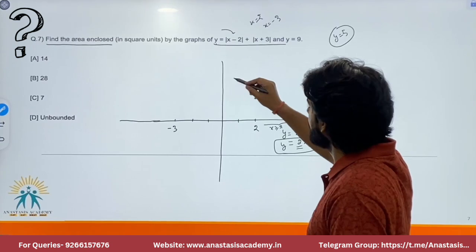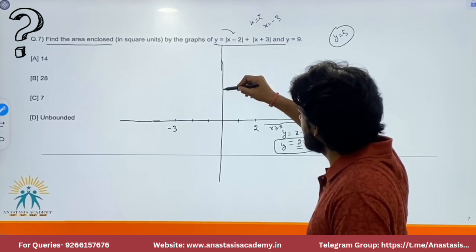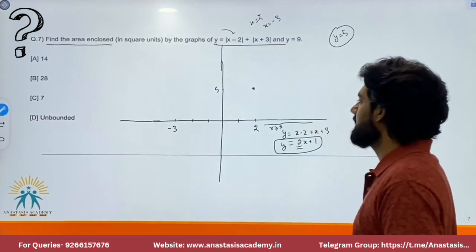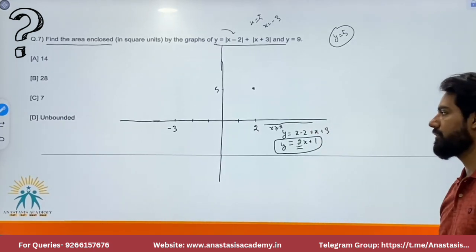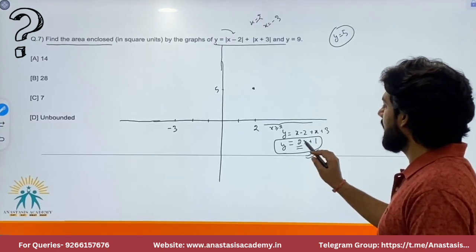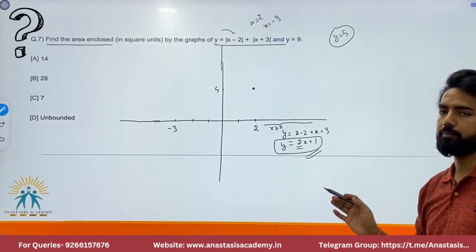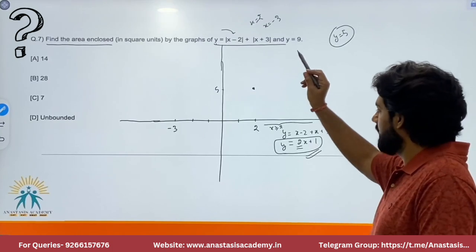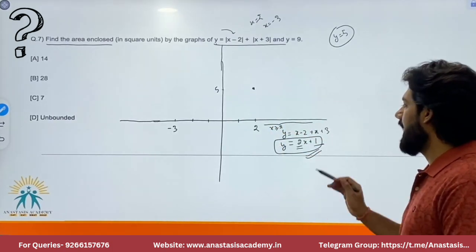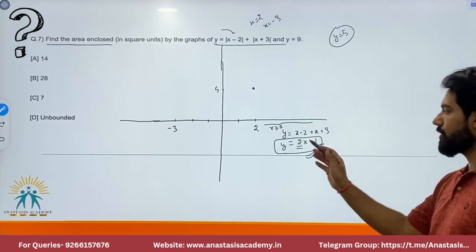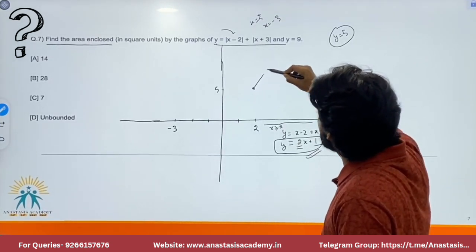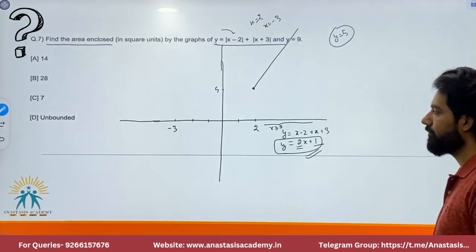For all x greater than 2, this is a straight line 2x plus 1, with increasing slope, y-intercept at 1, and the rate of change of y twice that of x. So it will be like this.